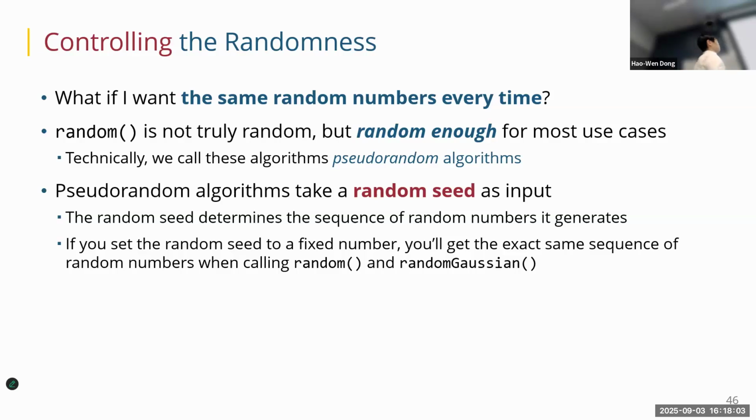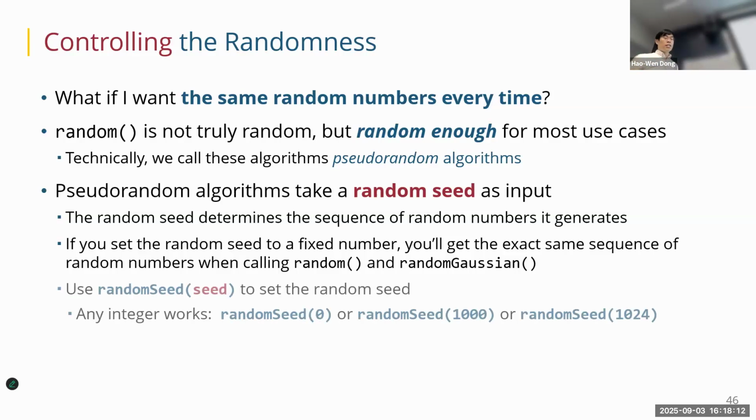So you can control the random number generator to generate the same sequence whenever you set that random seed. This can be done by using random seed and putting the seed number here. This seed can be any integer, so 0, 1000, 1024, whatever. That's a way you can control the randomness. It could be helpful in some cases, but most likely in this class, we won't use it.